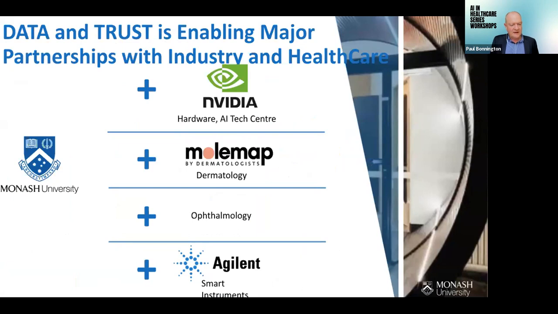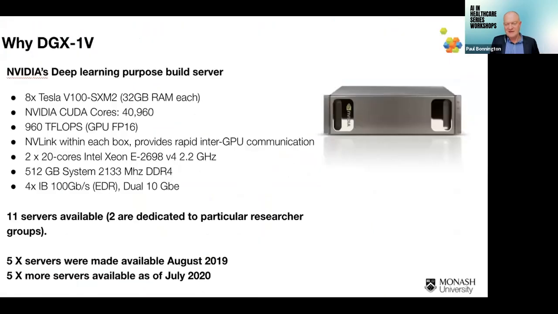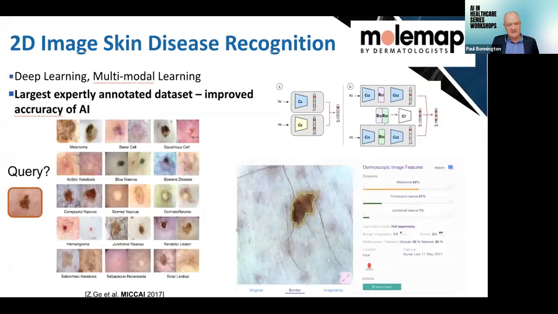I'll flick through. Obviously, GPUs have been big for us. NVIDIA, we have a partnership with NVIDIA. They have purpose-built AI machine learning engines, which we deploy at scale now. And they've been applied now to dealing with our partnerships with the sensitive data. Here's one example.